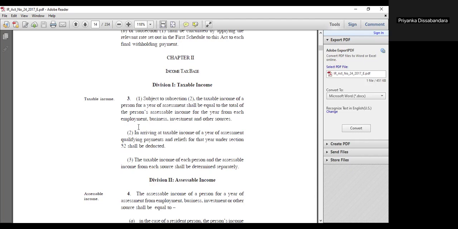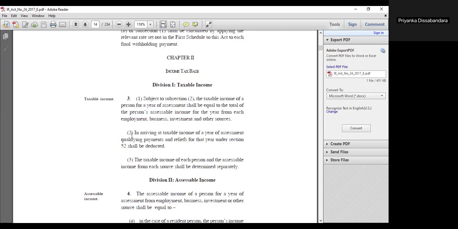But it says, in arriving at taxable income of a year of assessment, qualifying payments and reliefs for that year under section 52 shall be deducted. That is why after calculating total assessable income, by aggregating each source's assessable income, I deducted qualifying payments and reliefs.